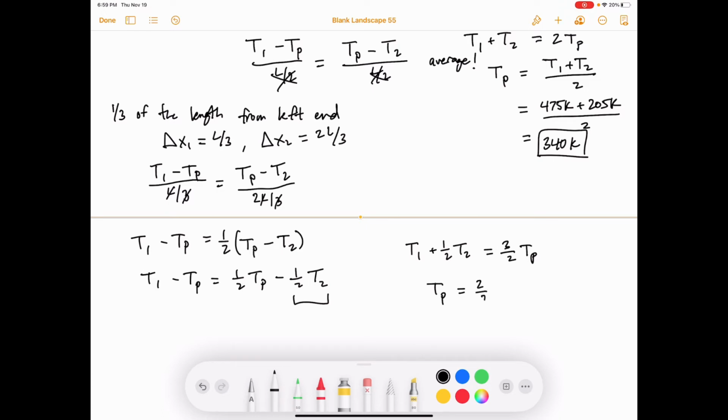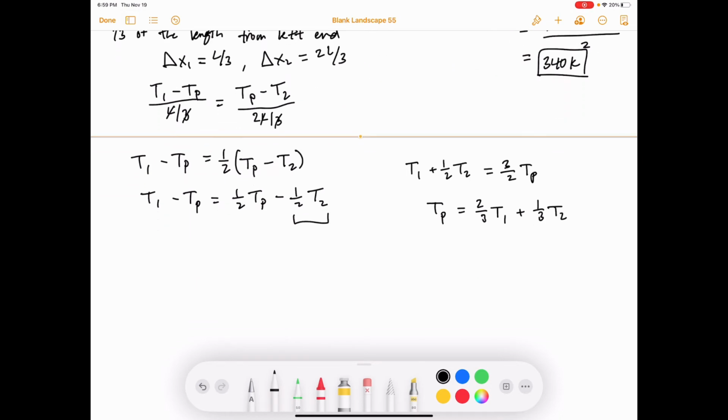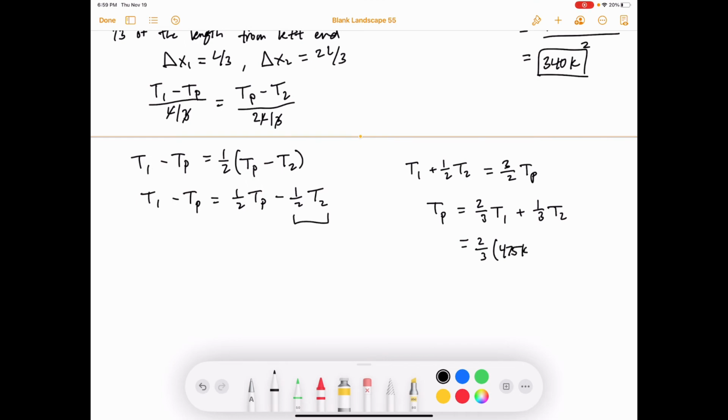We have 2/3 T1 plus 2/3 times a half is 1/3 T2. Okay, that's what we have. So this would be 2/3 times T1, which is 475 K, plus 1/3 times T2, which is 205 K. And that works out to 385 K.